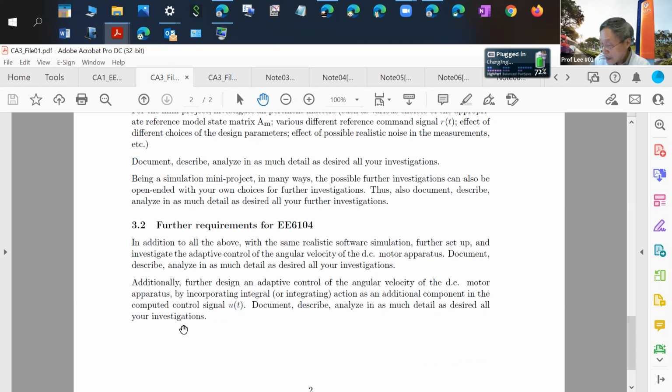Then you have to look at it and ensure me that even with setting up this new augmented error signal, you can still set it up properly for adaptive control. And I guarantee you can. But you just have to show me, in 6104, how it can be done, showing me all the proper rigorous design equations. So that's why CA3 has 2 files.